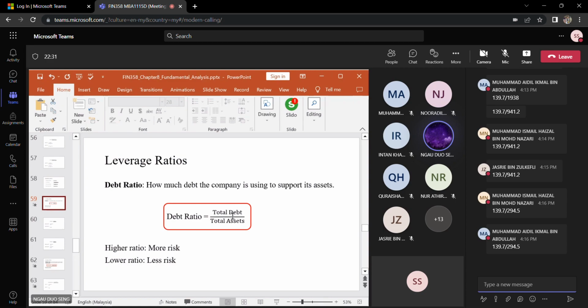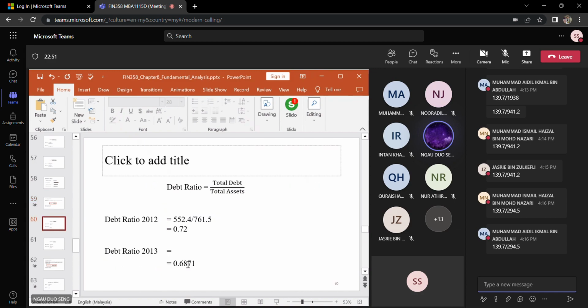We call total liability divided by total asset. So we have higher ratio indicate higher or more risk. So in this ratio, kita nak yang lower. Lower ratio, less risky. Right? Less risky, so it's better. All right, now you check on the ratio year 2013.